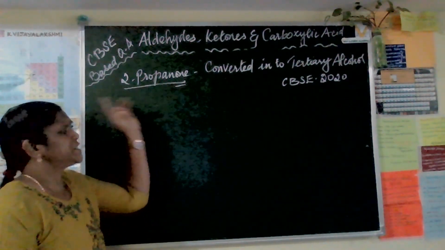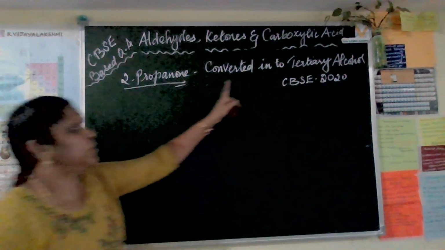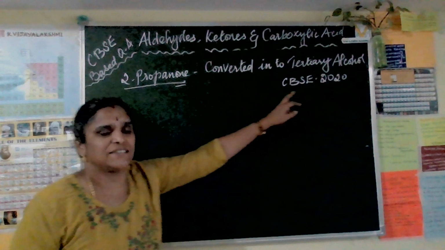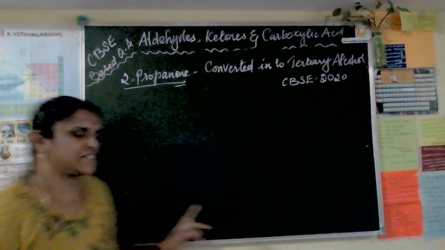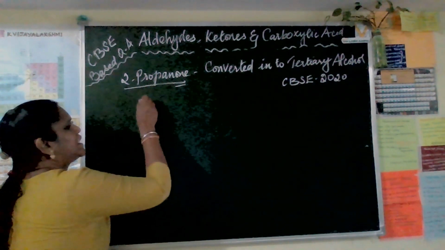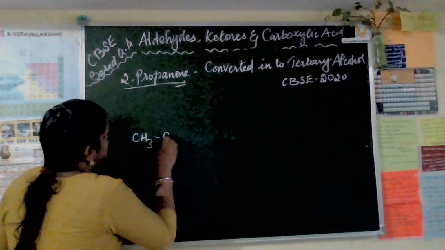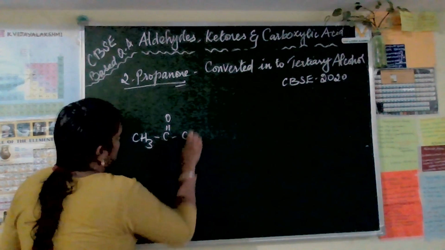The next one is a more simple question. 2-Propanone converted into tertiary alcohol. It's very simple, and they asked this question during Corona time. Propanone is nothing but CH3, C double bond O, CH3.